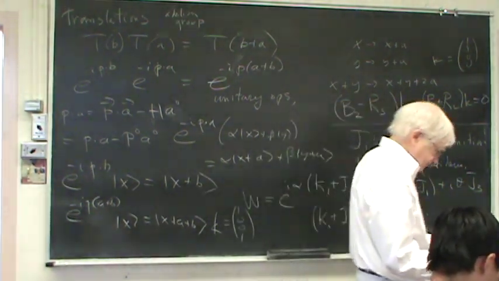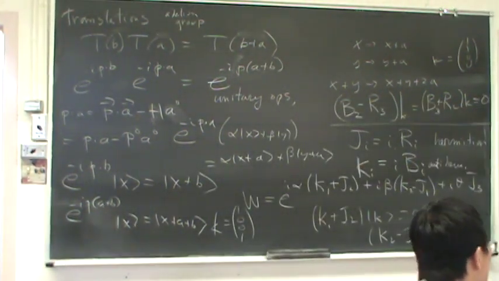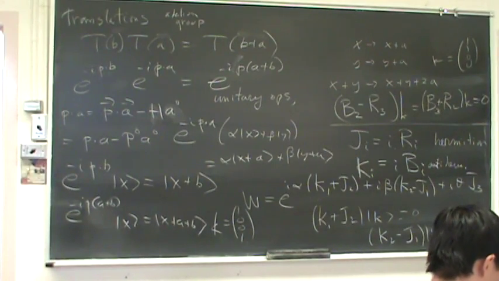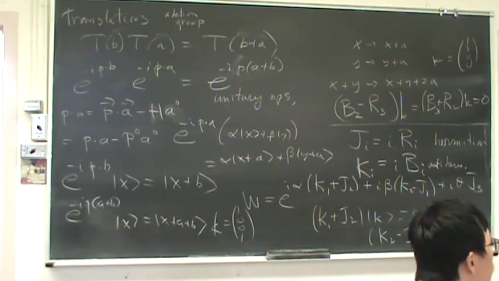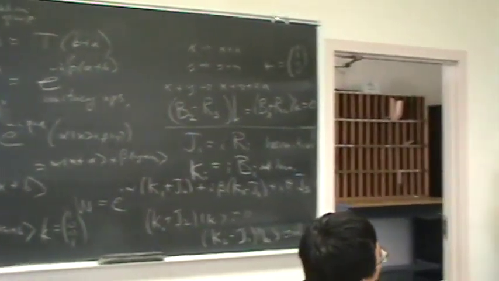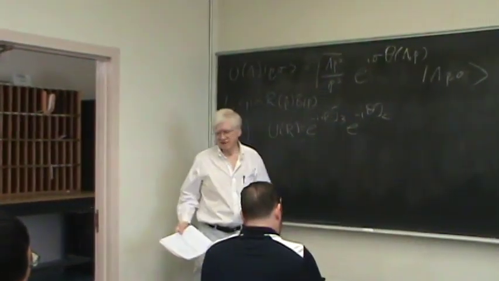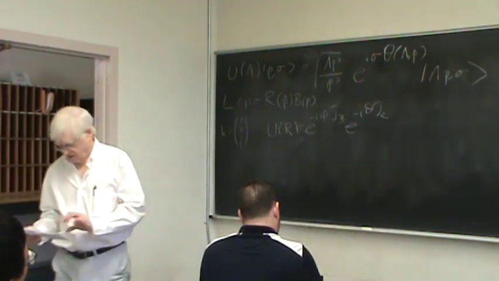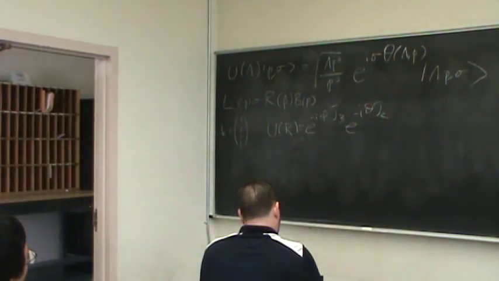And his U of R is e to the minus i phi J3 e to the minus i theta J2. In the first printing of his book, there were plus signs here. They're actually minus signs. Your version will be minus.